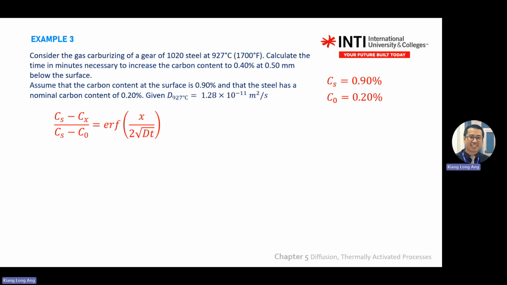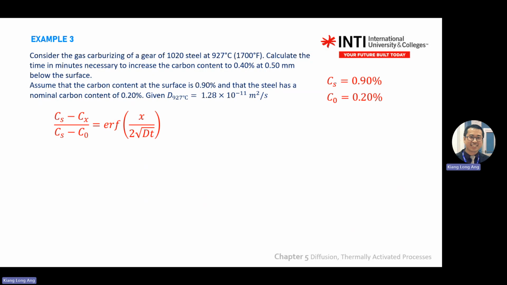To help you visualize, let's say you have a flat surface and I draw the cross section. It is treated at 927 degrees Celsius.